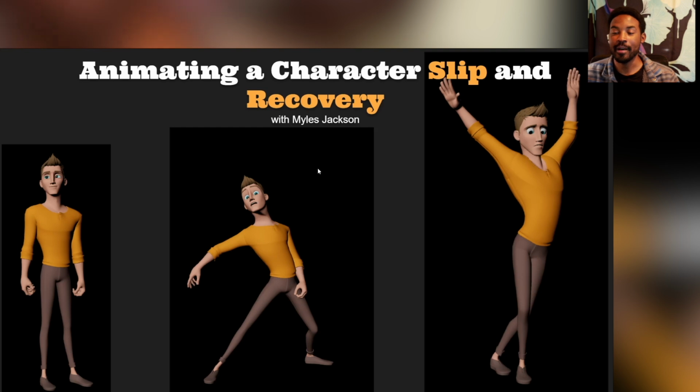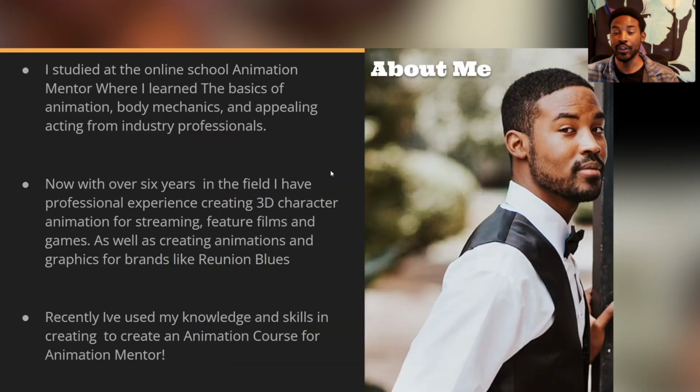But before we hop into that, I'm going to go ahead and give you a little bit of information about myself, just in case you don't know. So my name is Myles. I actually got one of my big starts with animation studying at Animation Mentor, where I learned the basics of animation, body mechanics, and awesome character acting. So now I have over 6 years of experience in the field, creating character animation for film, TV shows, games.